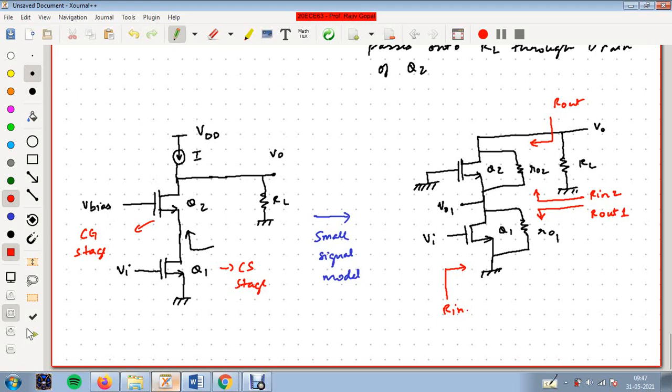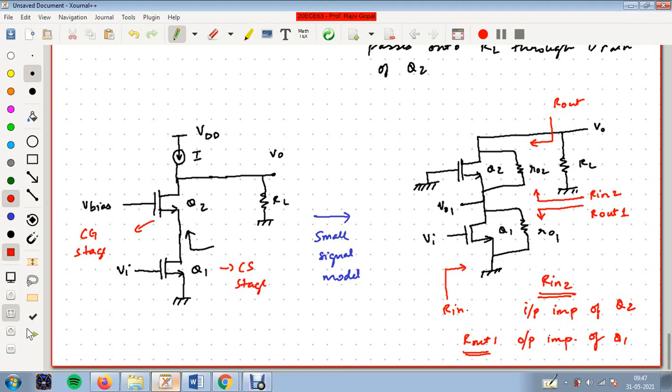Rin2 is the input impedance of Q2, and Rout1 is the output impedance of Q1, because I want to see how the gain is being improved here.